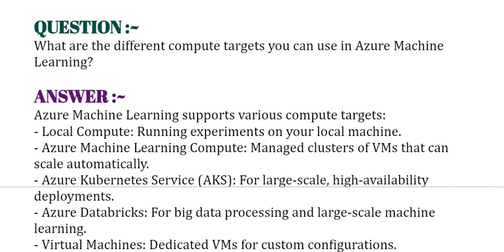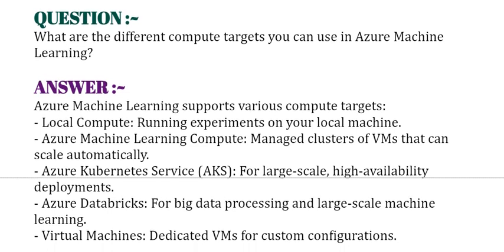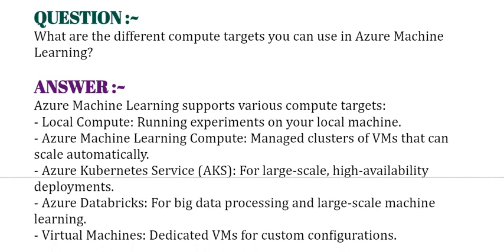Our next question is, what are the different compute targets you can use in Azure Machine Learning? Your answer should be, Azure Machine Learning supports various compute targets. Local compute: running experiments on your local machine.